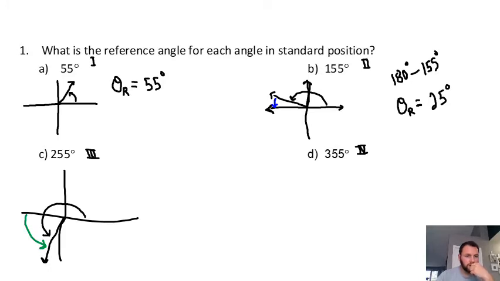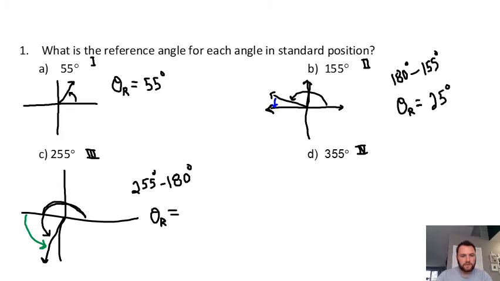So what could I do? Well, I know from here to here is 180, and then I've gone more, to 255. So to find the difference, I'm going to take my 255 and subtract that 180 degrees, and it is going to give me my reference angle.